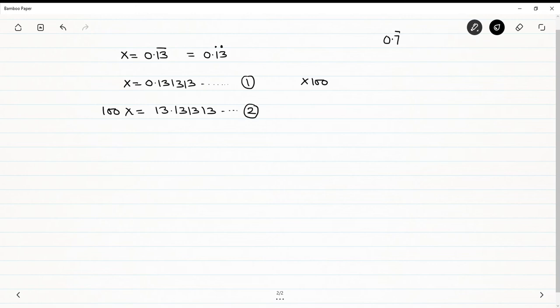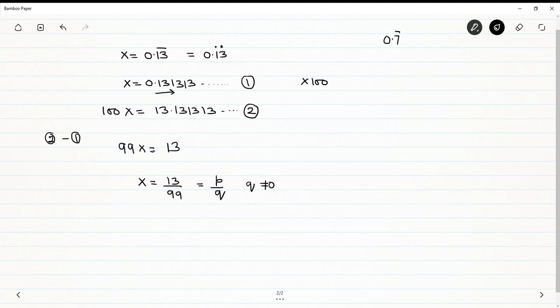After multiplying it by 100, decimal shifted two places to that side because this time two zeros were there and we had this equation. Again the same logic, you will do equation number 1 subtracted from equation number 2. So 100x minus x will give me 99x, and on this side 13.1313 and 0.1313, if you subtract, you are only left with simple 13, and hence x is equal to 13 upon 99, which you have written in a fraction format, or you can say it is in the rational number format, which is p by q, where obviously q is not equal to 0.